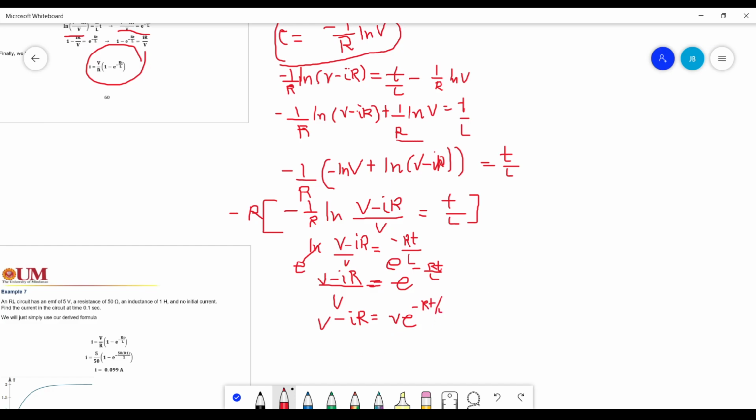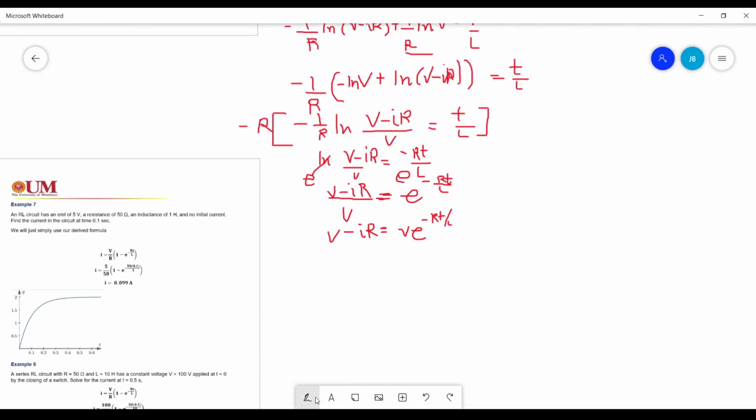Okay, then divide both sides with r. Okay, so if you divide both sides with r, you will find it. But before that, we are going to combine first this one.